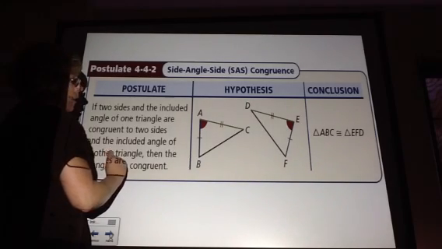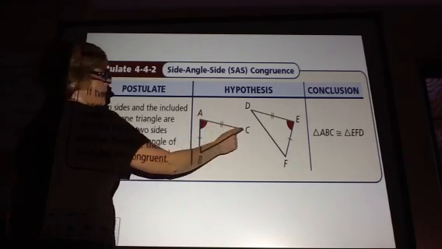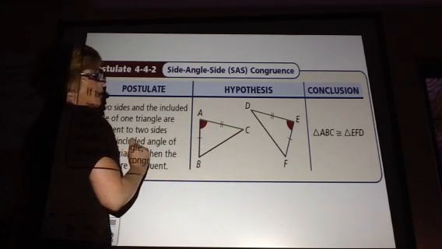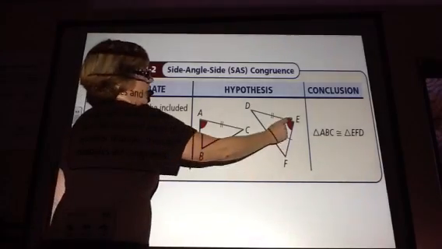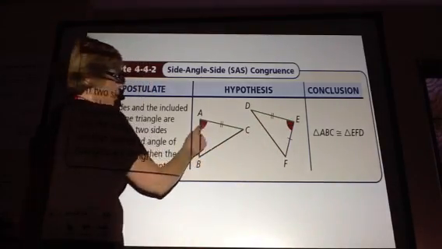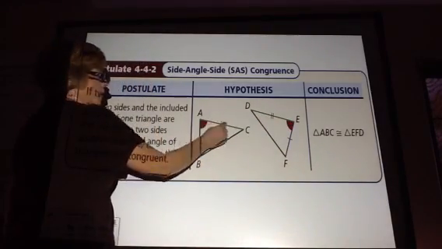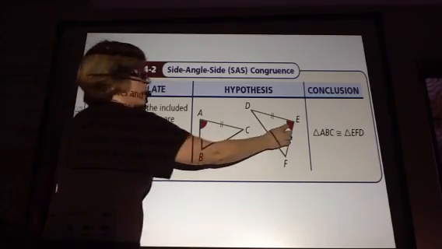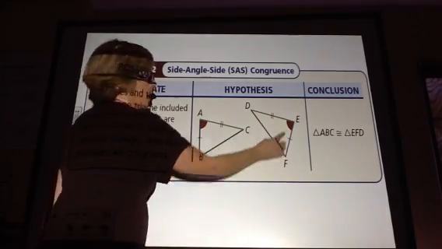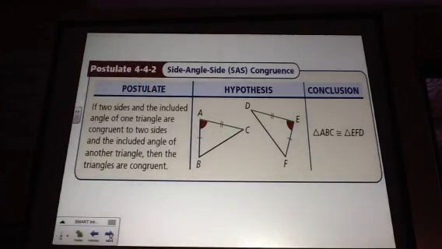We have angle BAC congruent to angle FED. This is the included angle because these two segments make up that angle. Therefore, you can use side, angle, side. The angle must be included in those two sides.